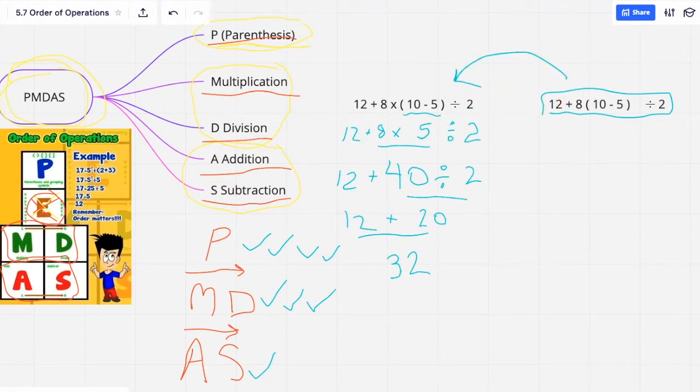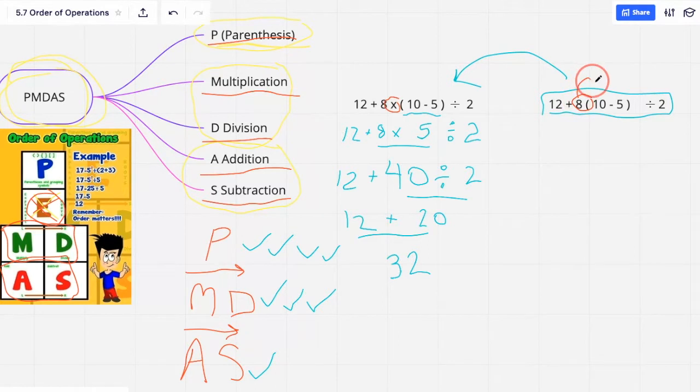If you notice, though, it has one small difference, and that's right here. Right here, I have nothing between the 8 and the 10 minus 5, where here, I have a multiplication sign. What that's doing is really taking away one of the steps. You're still doing the same part.